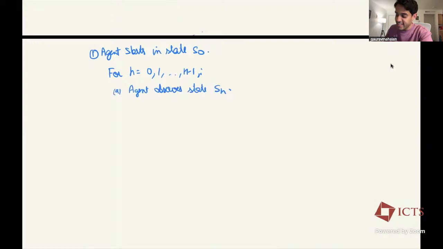So now it has another thing it can do. It can query some oracle, right? And you can query phi(s_h) and phi(s_h, a).